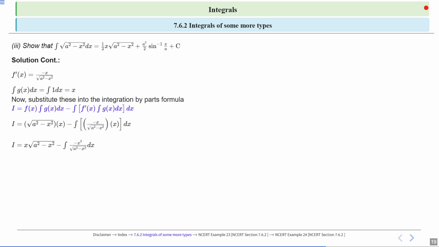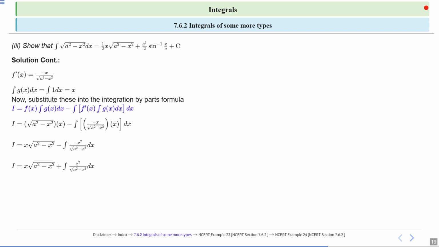So I is equal to x into root under a square minus x square minus integration of minus x square by root under a square minus x square dx. So I is equal to x into root under a square minus x square plus integration of x square by root under a square minus x square into dx.